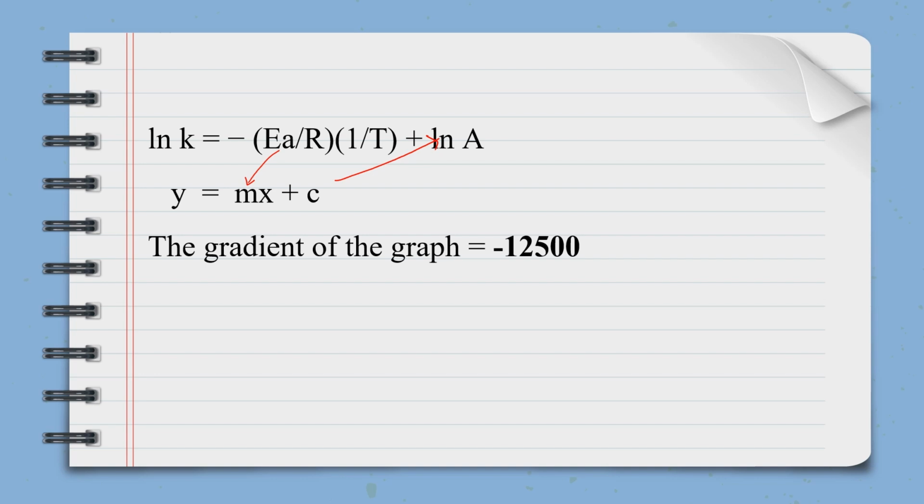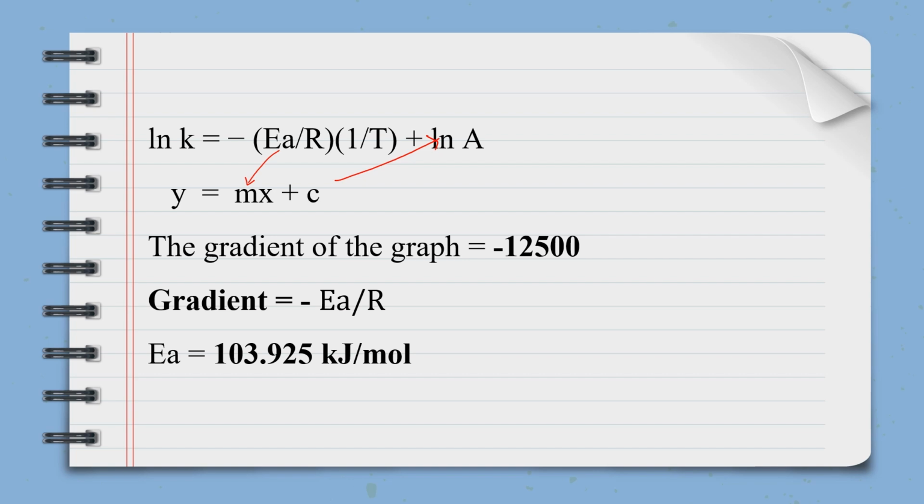From the graph, we need to find the gradient of the graph. We find that the gradient is negative 12500. So negative 12500 is equal to negative Ea over R. Then we calculate it and find that Ea is equal to 103.925 kilojoule per mole.